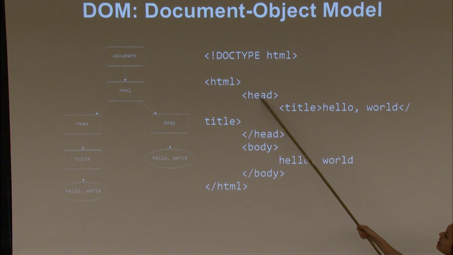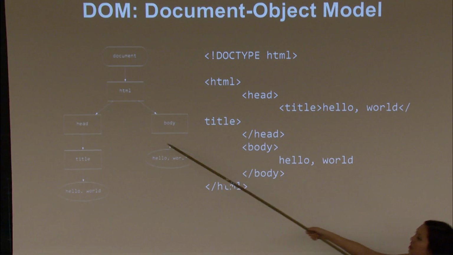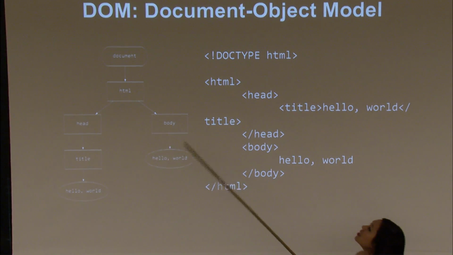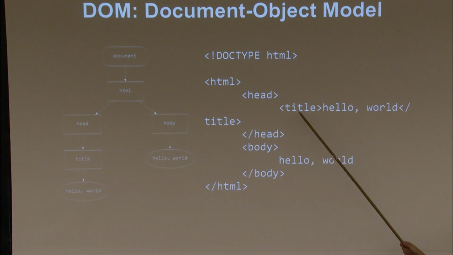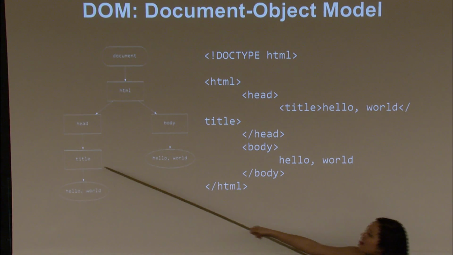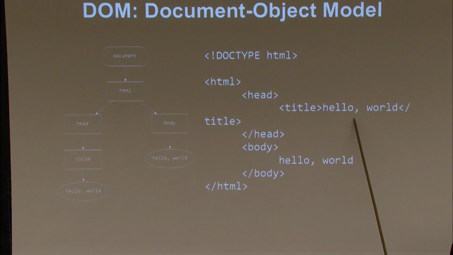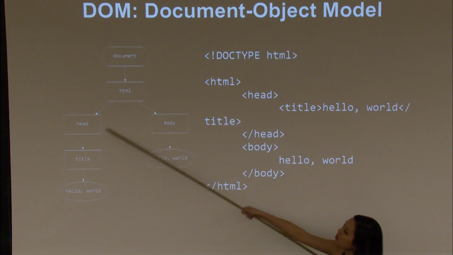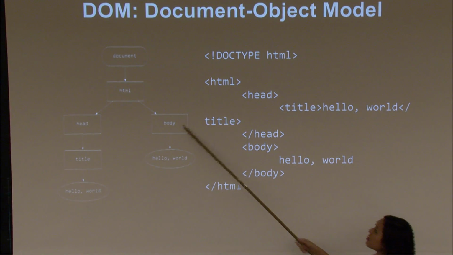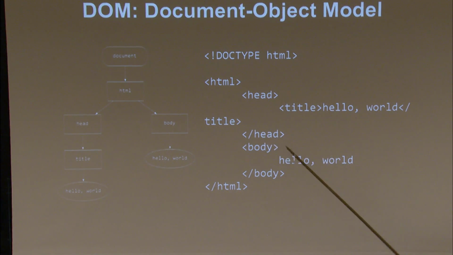We have some head here, and some body that stems off of HTML, which is why we have head and body. Within head, we have a title tag, so we know that comes after head. And within our title tag, we have hello world, okay? So that's this whole left-hand branch. And then for the right-hand branch, we see that we have HTML. Okay, we've done this head part.